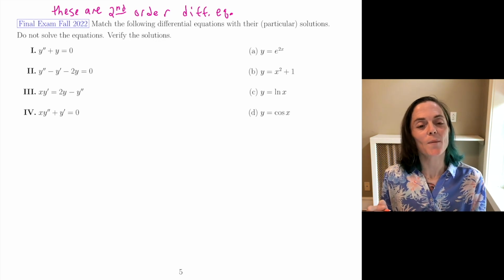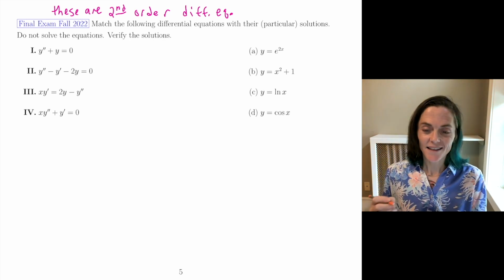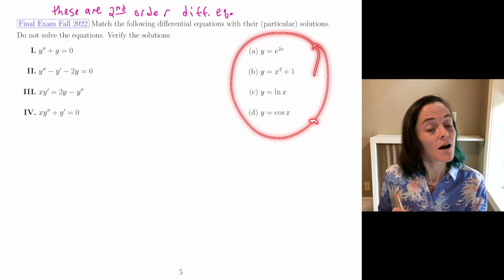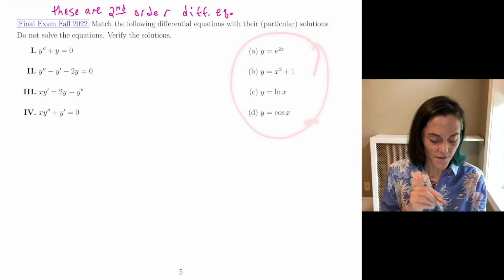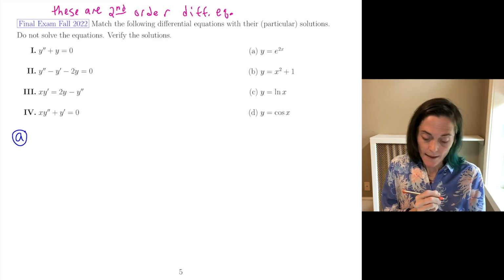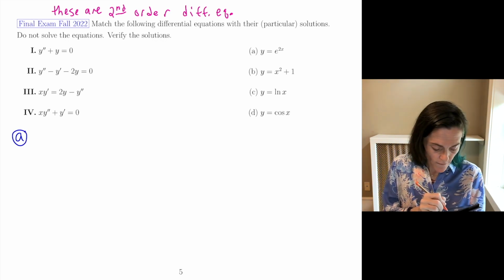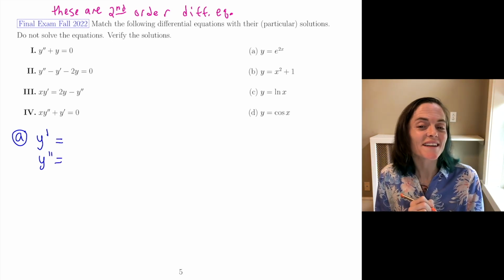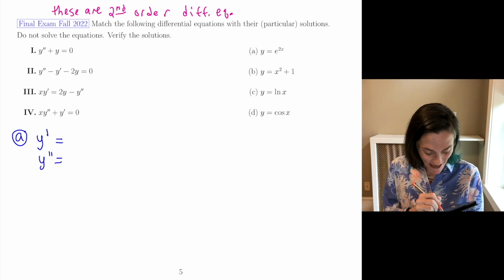So how are we going to go about this? Well, perhaps I can just start with the solutions and start by calculating the second derivative, because all 4 of these equations involve the second derivative. So on A, we can calculate the second derivative. Well, the first derivative, you see this is chain rule, so we have 2e to the 2x.